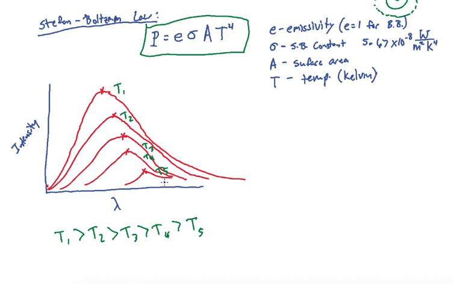inversely proportional relationship. So if you just did it for every possible temperature, I know my drawing's not perfect, you would get this inverse relationship. And that inverse relationship is called Wien's displacement law.